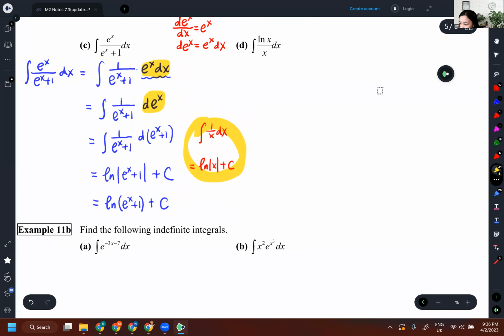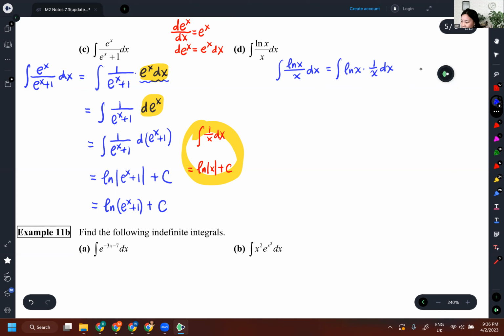I'm putting these two together, and this is new as well. Because in my next part, this is my substitution.